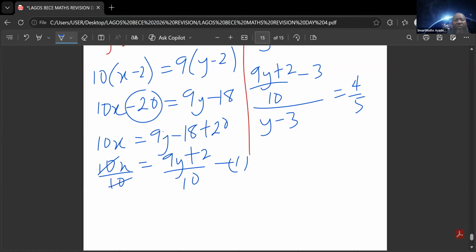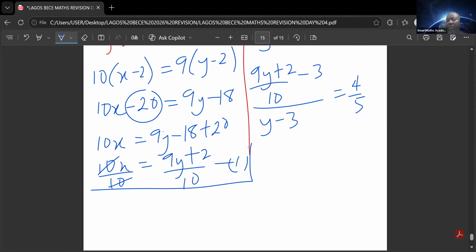This gives me (9y − 28) over 10. I've made this a single fraction there. So we have (9y − 28)/10 divided by (y − 3) equals 4 over 5.